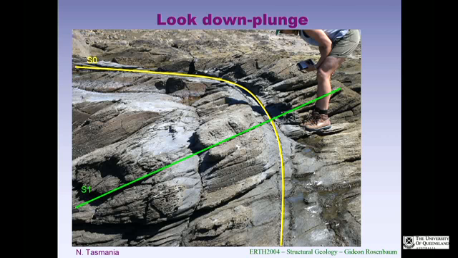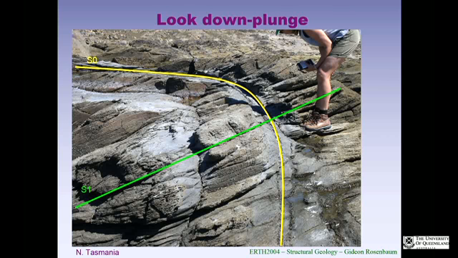So to look down plunge, where are you standing, like where S1 is on the picture? I will stand exactly where the photographer is. So basically, I will look for the intersection of the bedding and so this is the cleavage, the axial plane cleavage. This is the bedding, and the intersection is a line. So I can take my pen and say, okay, the intersection goes like that.